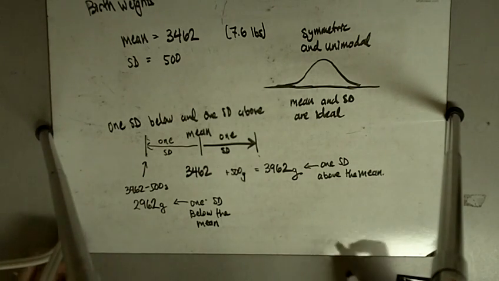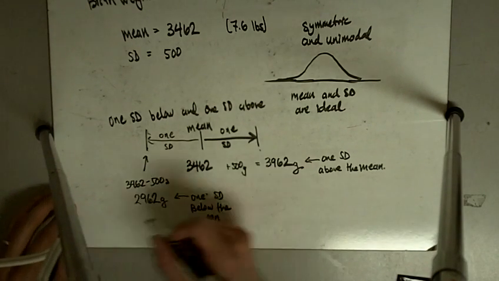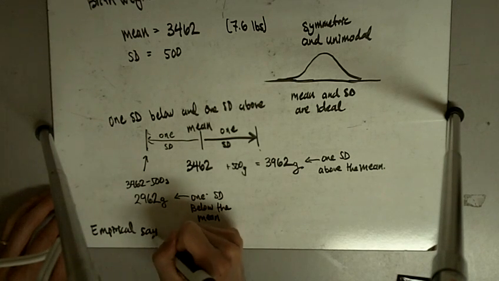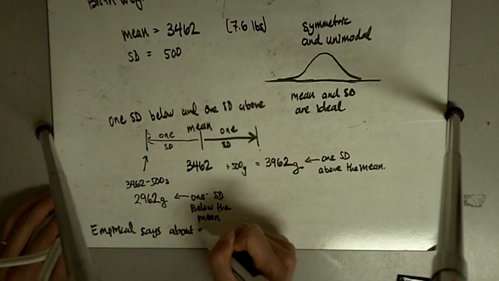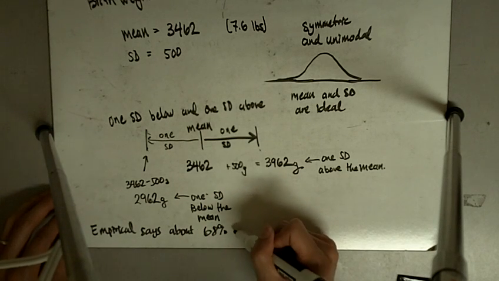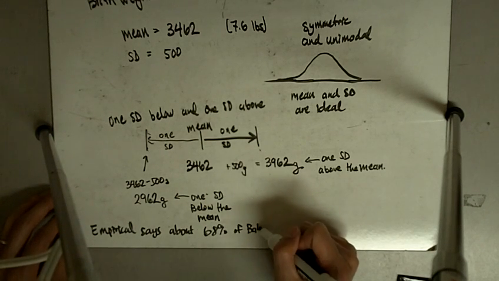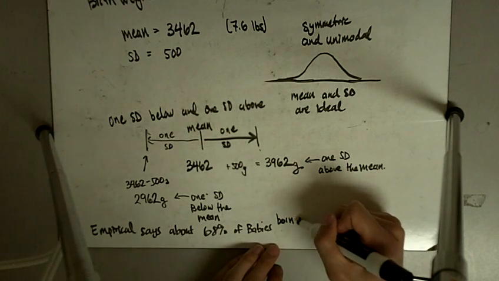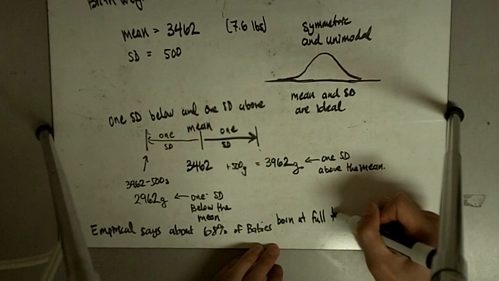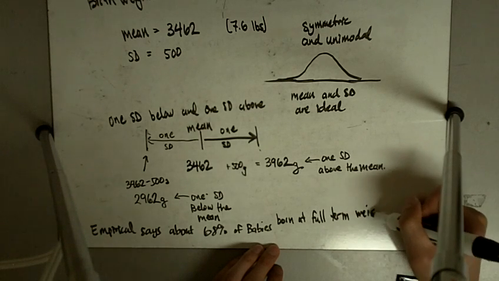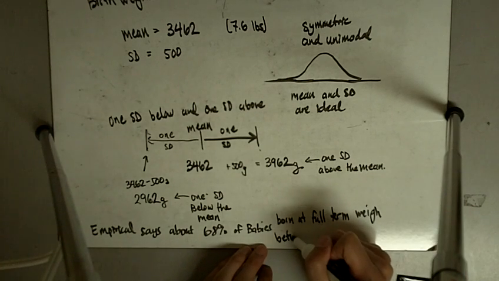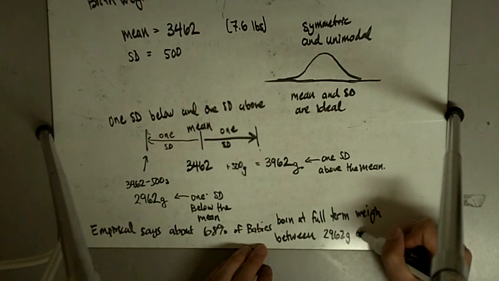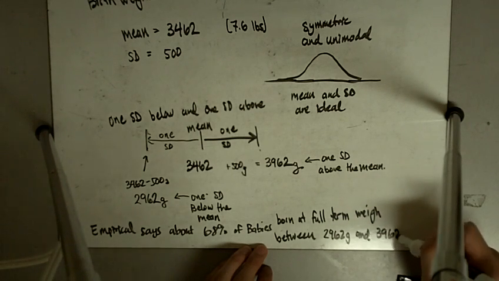Okay, so according to the empirical rule, about 68% of babies born at full term weigh between 2,962 grams and 3,962 grams.